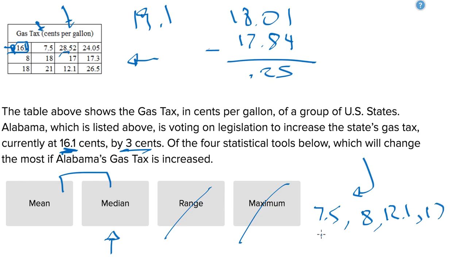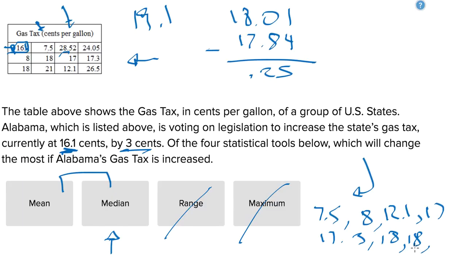All right, then the second row would be 17.3, 18, 18, and 21.